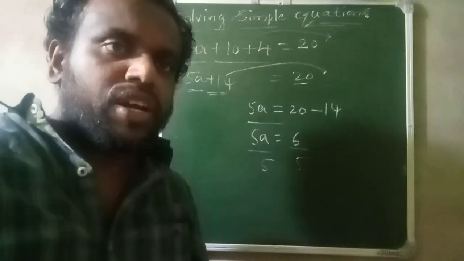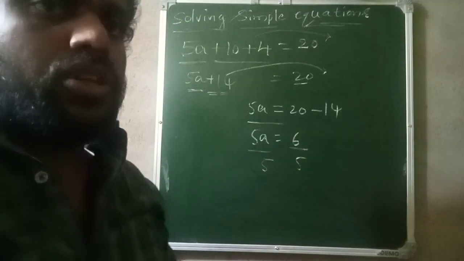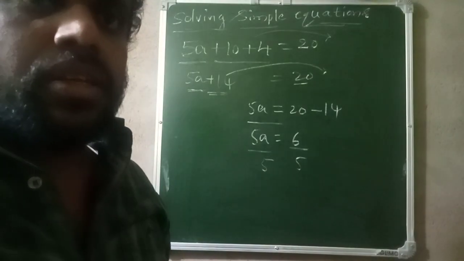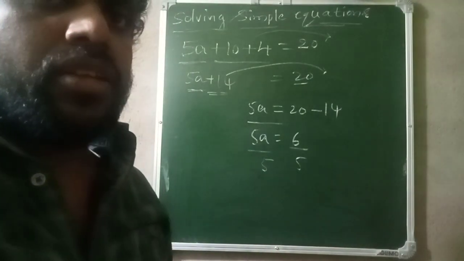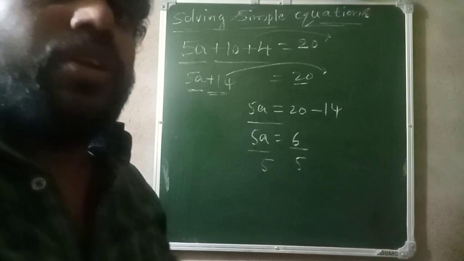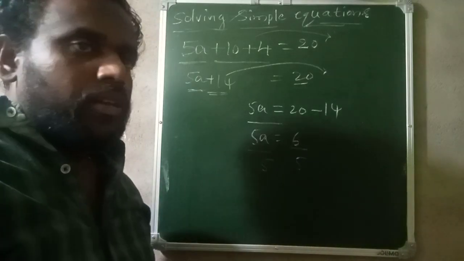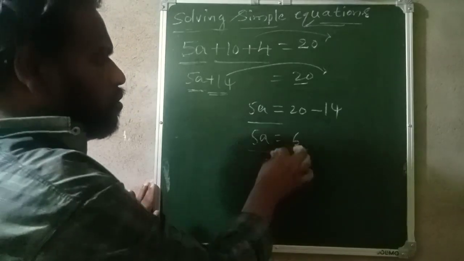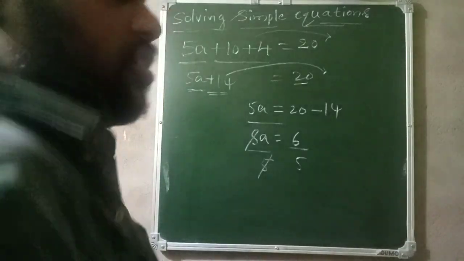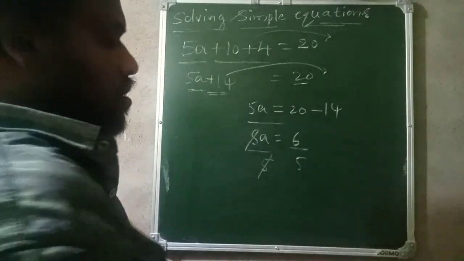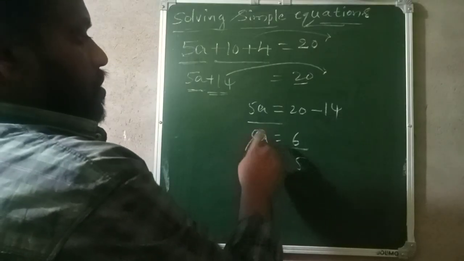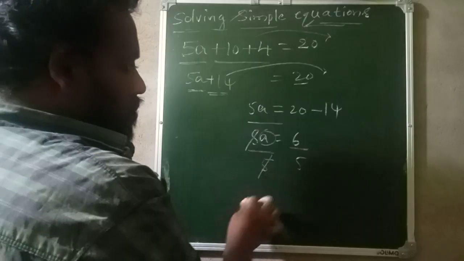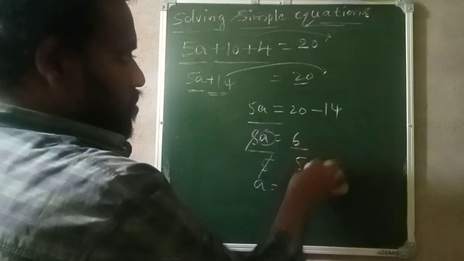That means both sides of the equal sign you have to divide by the same number. If you divide only one side, the equation will become wrong and you get a wrong answer. Now this 5 cancels, because between 5 and a there is multiplication and this is division. So what is left? a is equal to 6 by 5.